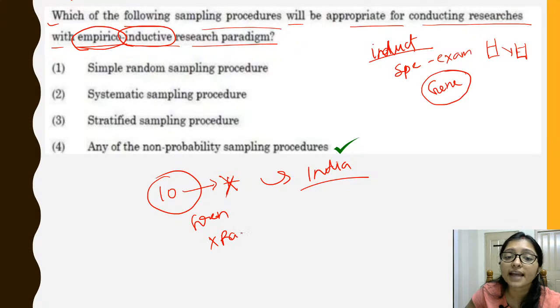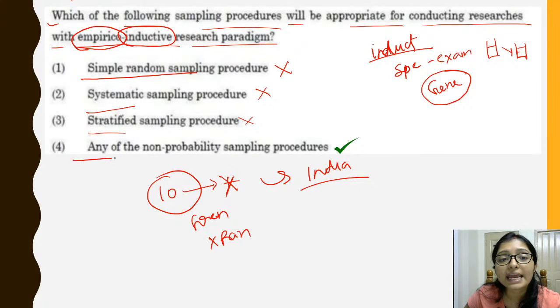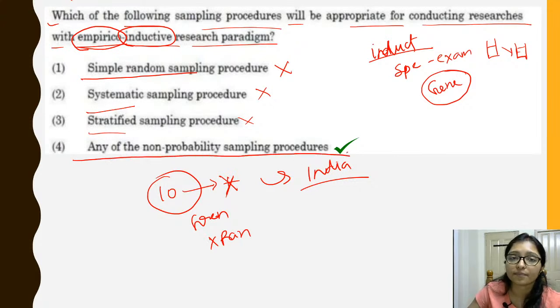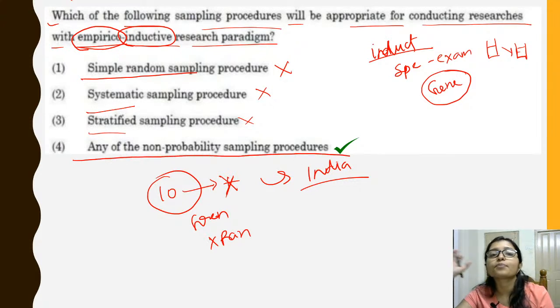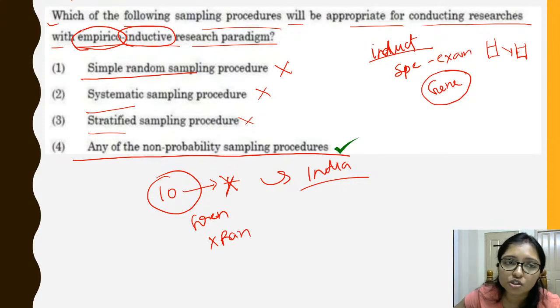You are not taking randomly, you are taking specifically, right? Simple random sampling, that is probability, that is not non-probability. Systematic sampling, that is also, and stratified sampling, no. You have to choose any of the non-probability sampling for the inductive research. If you don't know empirico also, then also you can solve the answer in that way.